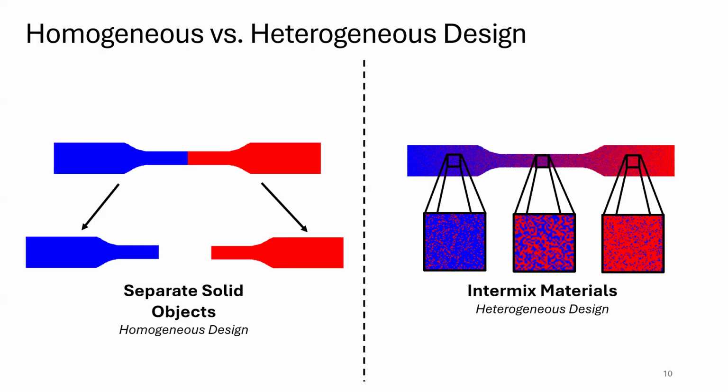We can describe the relative concentrations in these squares, and we might say this is 80% blue, 20% red, 50-50, and vice versa. In the case of these inkjet printers, we're actually interdigitating these droplets and relying on the fact that they're very, very small, so that when we zoom back, we get the desired color gradient or the desired mechanical properties.